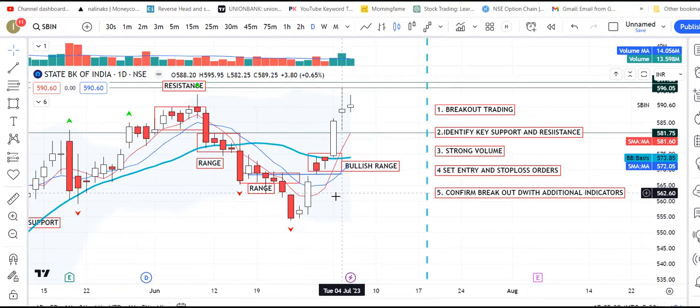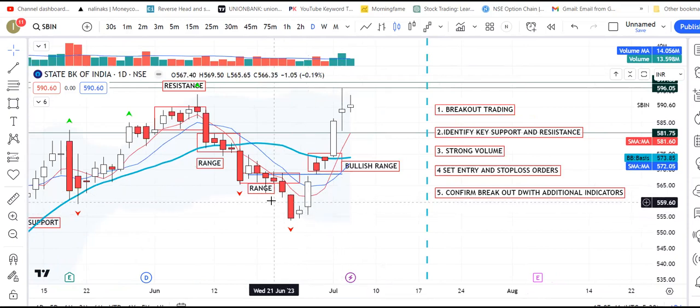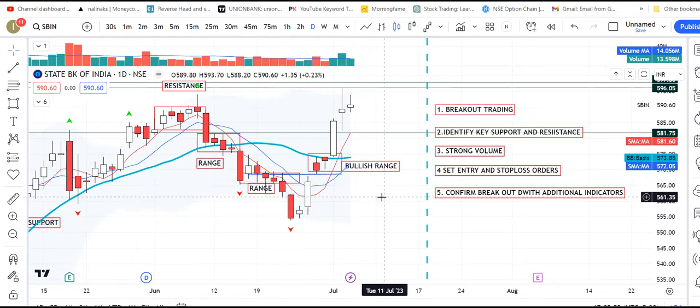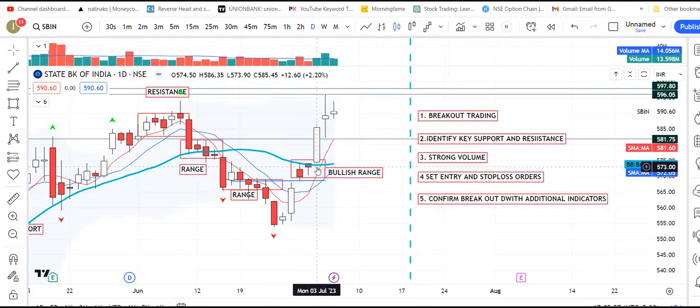It is indicating the reversal, and the reversal is confirmed by a big bullish candle. After this candle, if you see the price action over here, it has tried to engulf this big bearish candle and it has closed up. That is a bullish sign. After that, for 2 days, it went into consolidation.